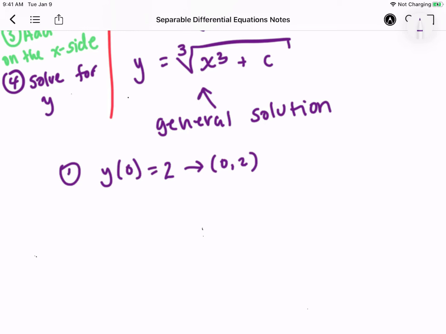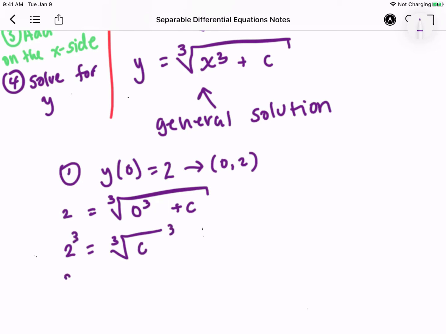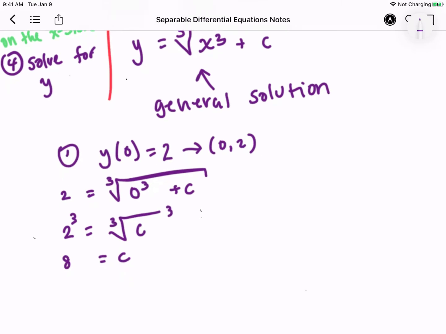So let's plug in 2 for y, and then 0 for x. 2 equals the cube root of c, and then to solve a cube root, I will cube both sides. So I get 8 equals c. So my particular solution is y equals the cube root of x cubed plus 8.